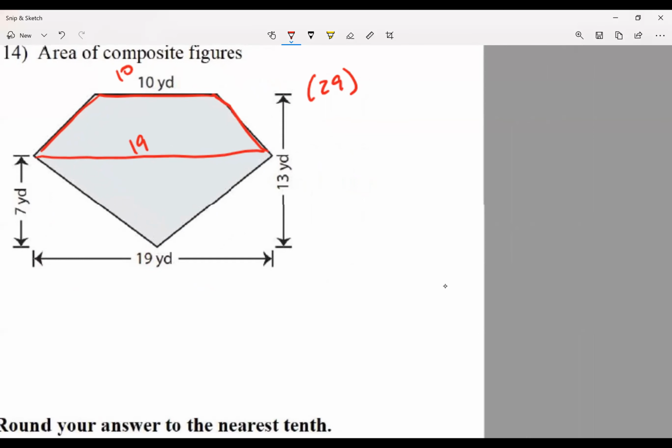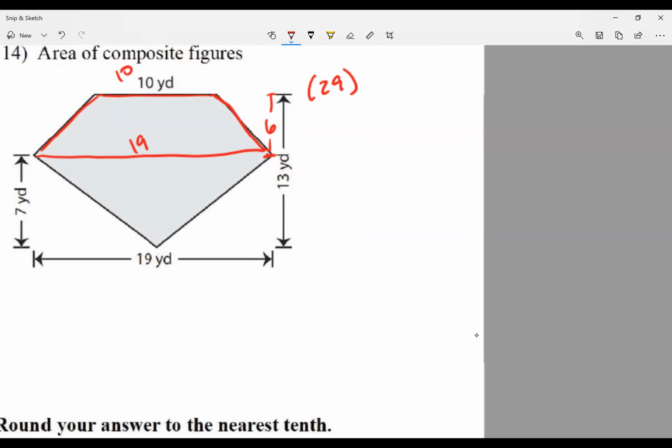Now, to figure out the height, how much is the height? I know this thing on the right, this whole thing, is 13, and I know part of it is 7. So this much is 7, and this other part is 6, right? 7 and 6 combined is 13. So the height of the trapezoid is 6.